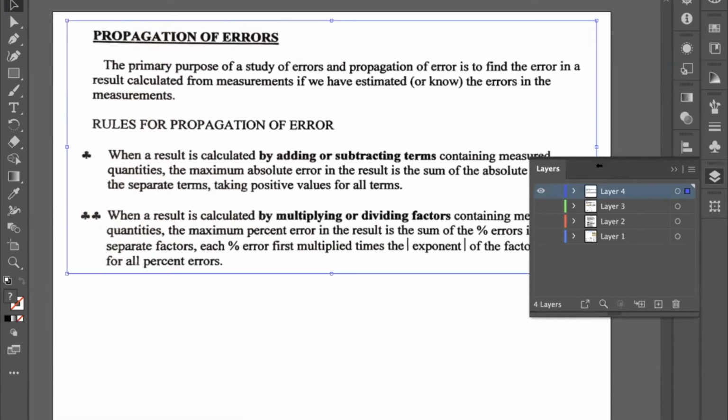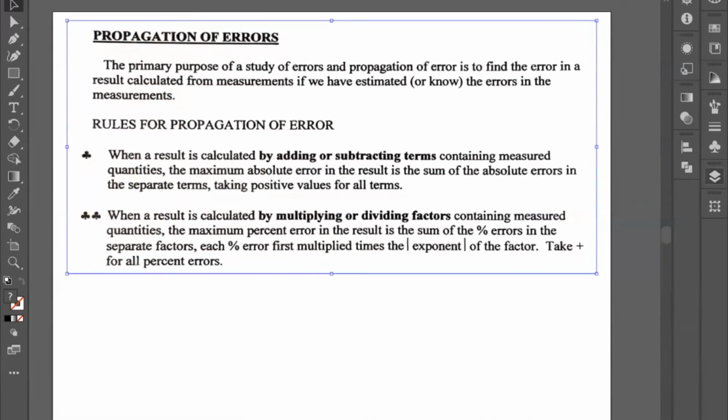The primary purpose for the study of errors and the propagation of errors is to find the error in the result from a calculated measurement if we already know the errors in the measurements. This is kind of what we did with the sig fig stuff, but we'll be a little bit more careful and more accurate with it. Before, the error could have been larger, could have been smaller, but here these are going to be upper bounds on the error. It could be better than this, but it's going to be at least this big.